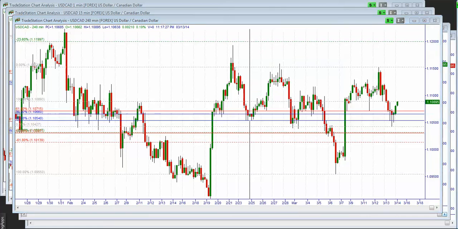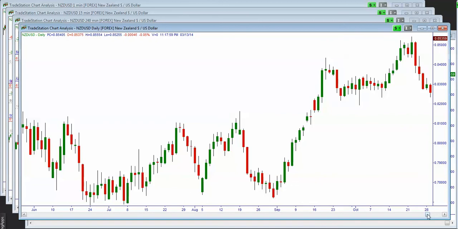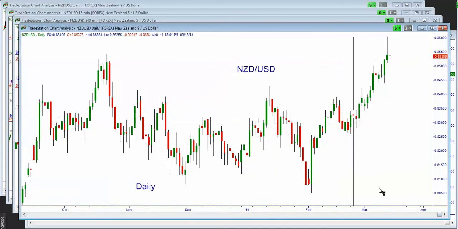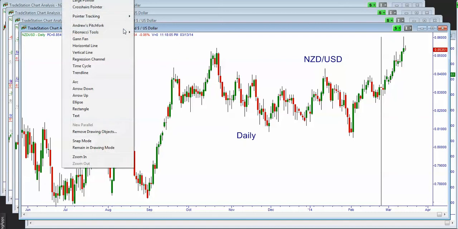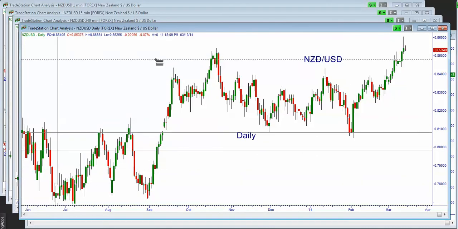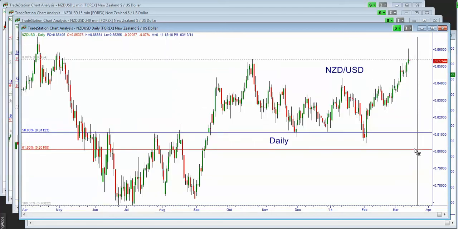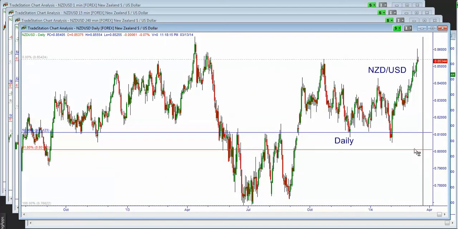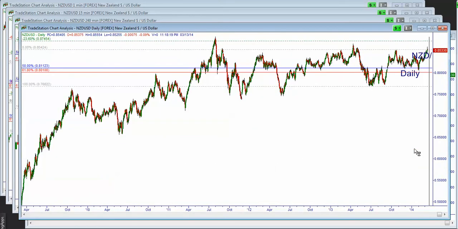Finally, the New Zealand dollar versus the US dollar. As you know, in this market we had shown support. This is a market that is going higher, it's not going lower like the Australian dollar, although the Australian dollar had a nice behavior lately, and we have targets here above at 087.45.